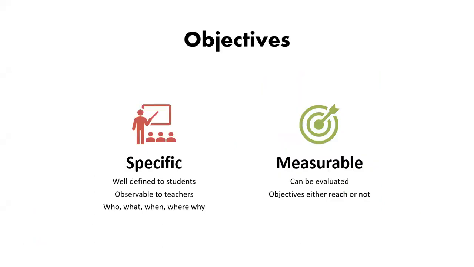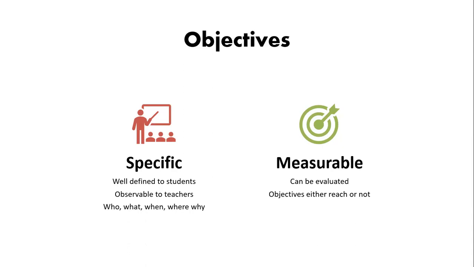Specific means it should be very well defined. You have to define it, for example for the students, observable to the teachers: who, what, when, where, and why. That's the area to be specific. Measurable means it can be evaluated, whether it is reached or not.